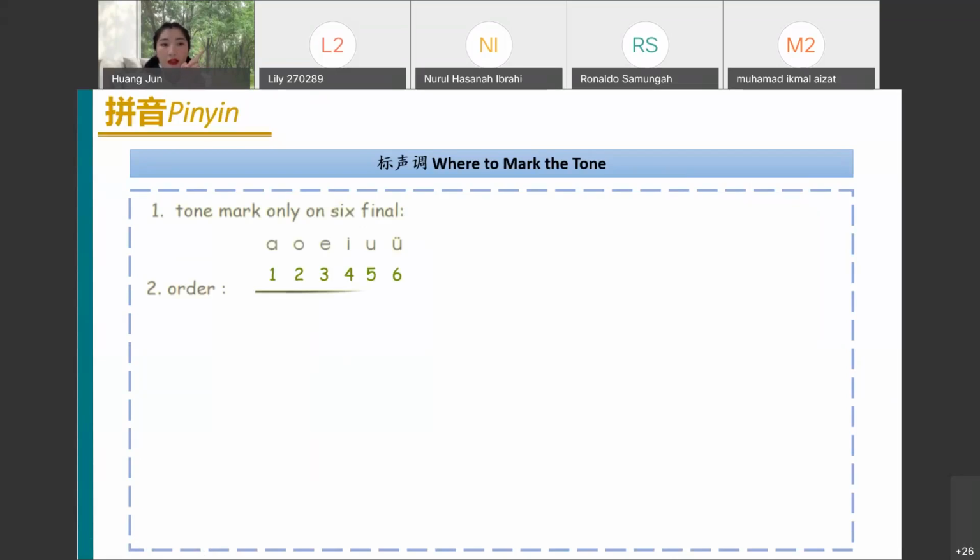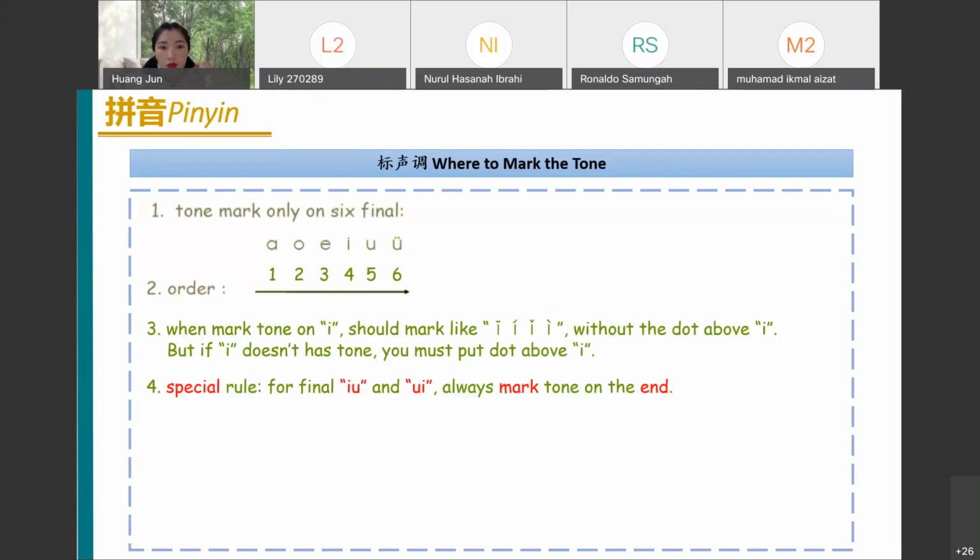Then rule number 2: if a syllable has 2 of these letters or more put together, how do you mark the tone? You will arrange it this way. For example, like the examples I show you over here.